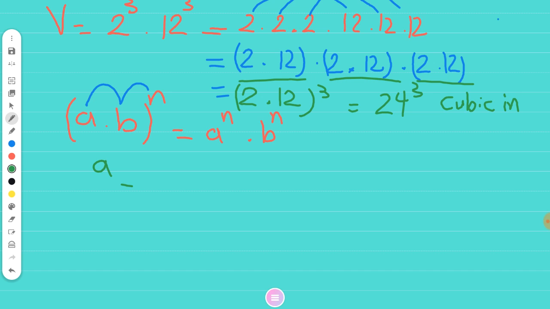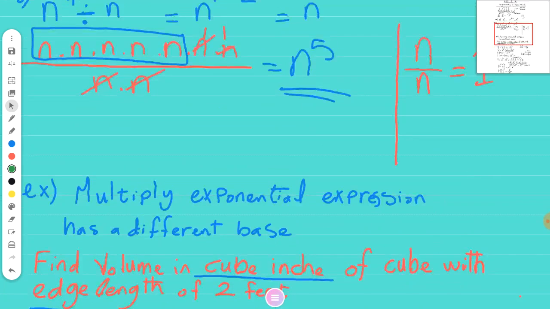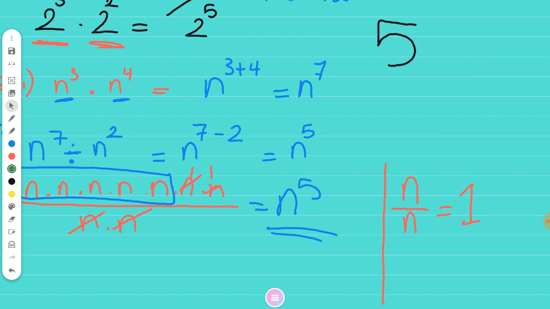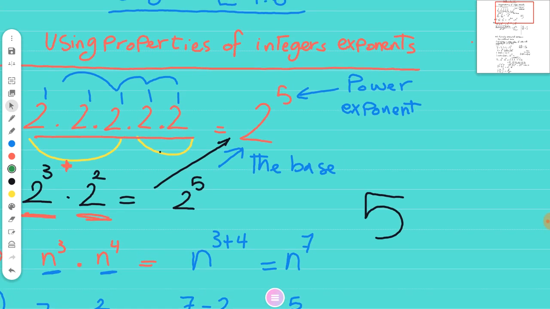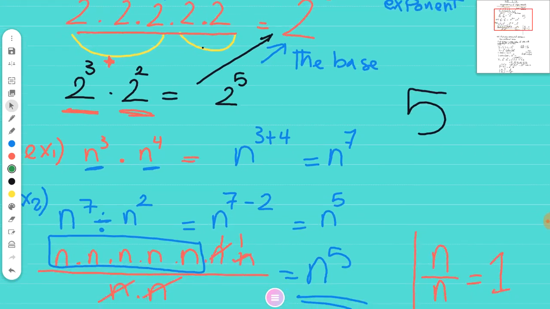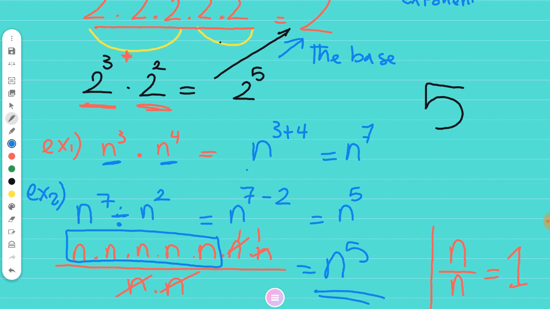If I have A over B all to the power N, I can distribute the power N to A and B. So it can be written as A to the power N over B to the power N. And this is the third rule. The first rule is in case of multiplying the same base, we add powers.